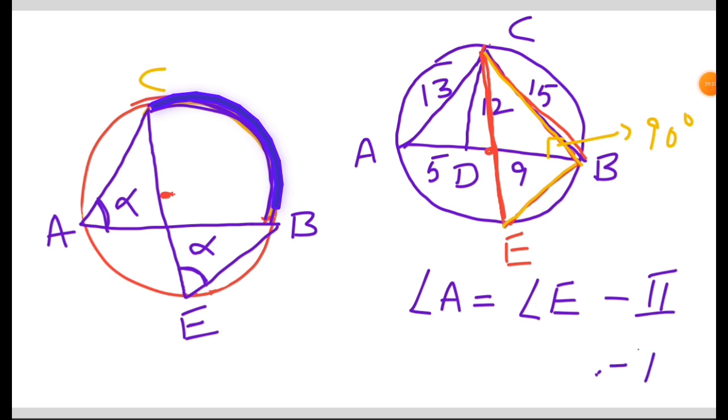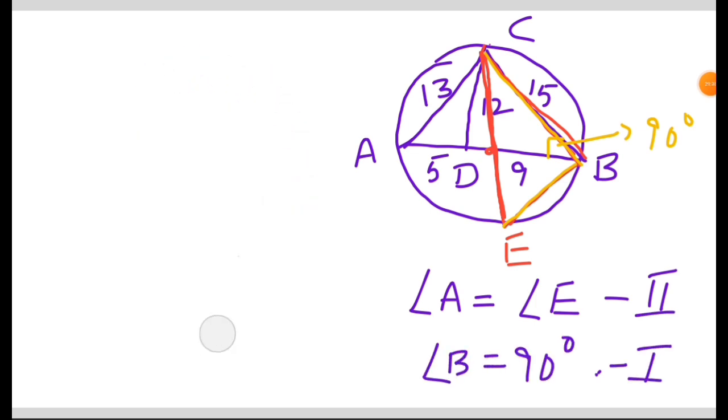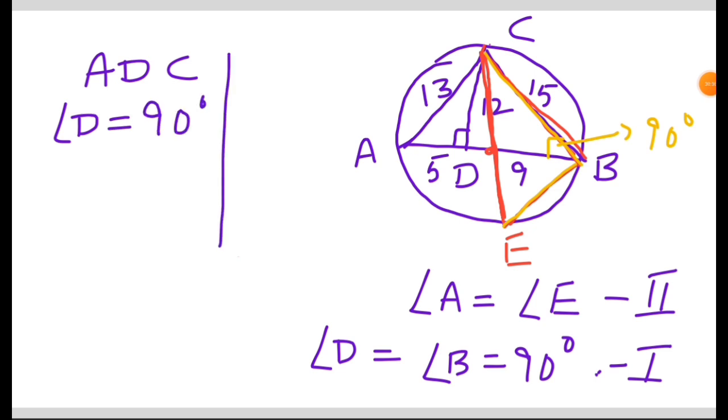From statement 1, we know that angle B is 90 degrees. And also we know that at D, the angle is 90 degrees. That means angle D is equal to angle B. In triangle ADC, angle D is 90 degrees, and in triangle CBE, angle B is 90 degrees.